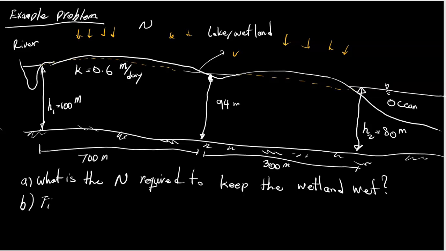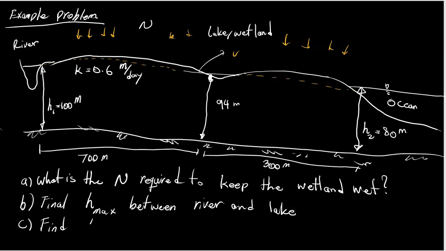Question B is find h max between the river and lake. C, find x max between the river and lake.